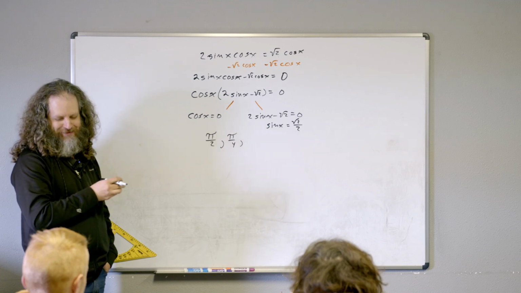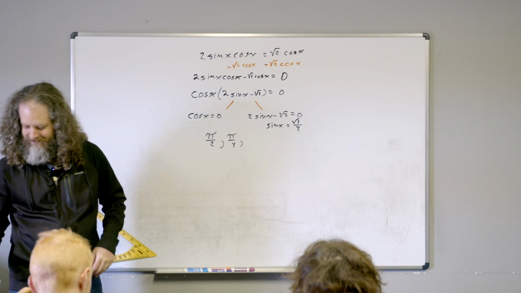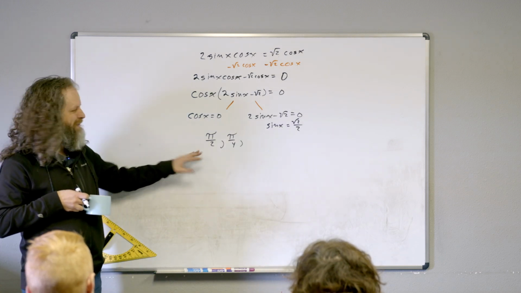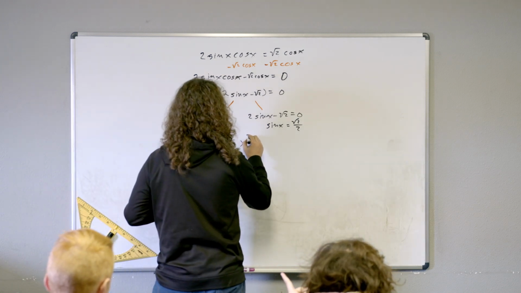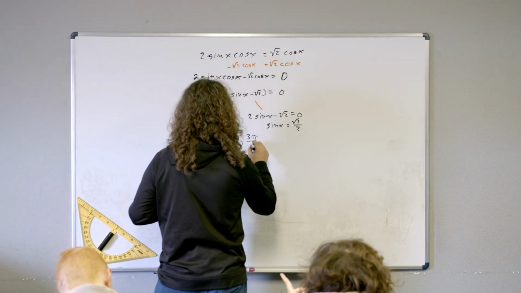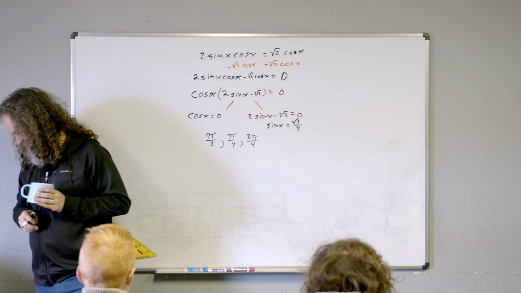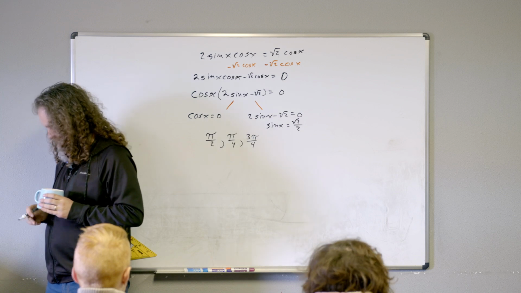Memorize the chart, but you may need to look at the chart. Oh, yes. Okay, understood. Like when you go check the chart, it's here. Okay, 3 pi over 4. Where did we get pi over 4 from?